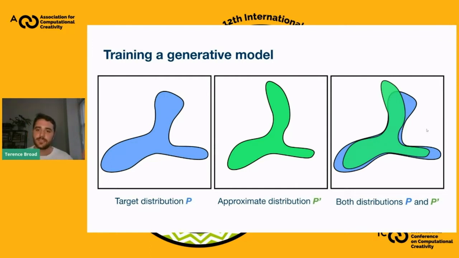But obviously, on the right, we see these two overlapping, and there's always going to be some kind of divergence. There are often modes of generation that are missing, but also our network might be generating things that lie outside of the true distribution.